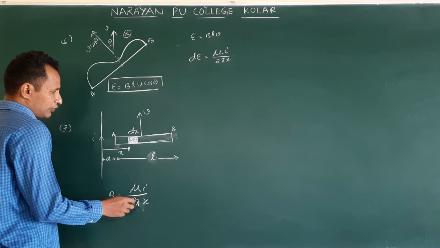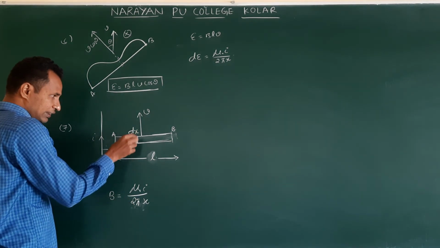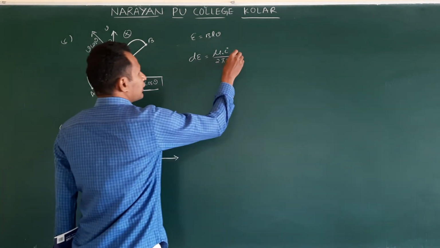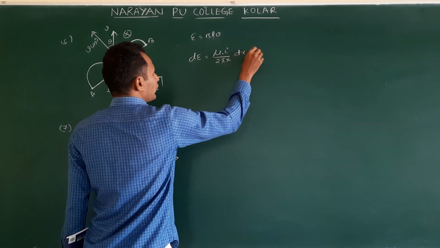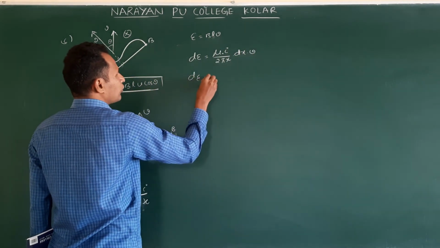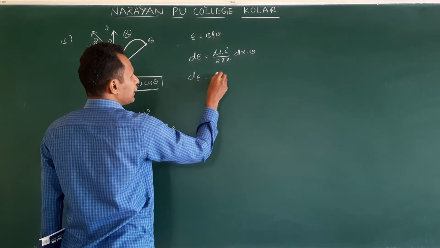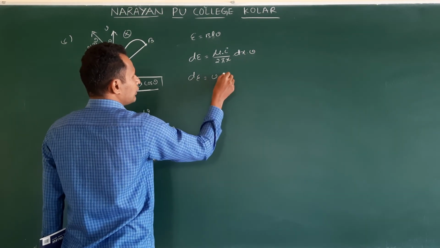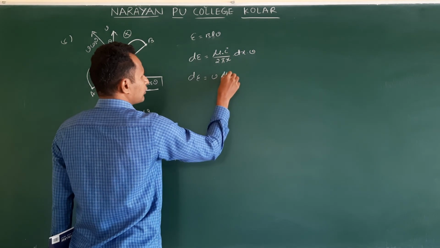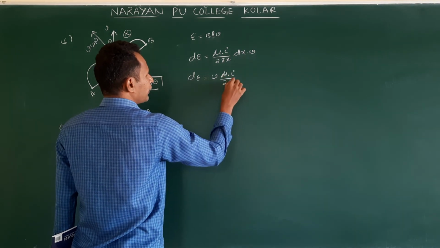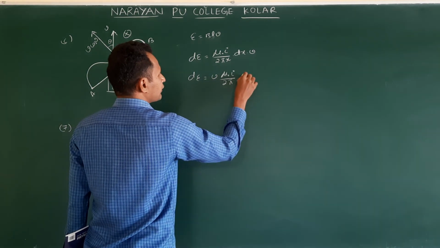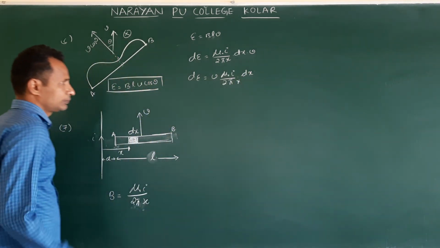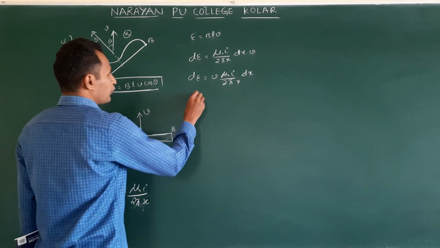This field is distributed in this region dx, into length dx. So dE is equal to, mu naught I is constant, 2 pi constant, v dx by x. To get the total EMF, what do we have to do?